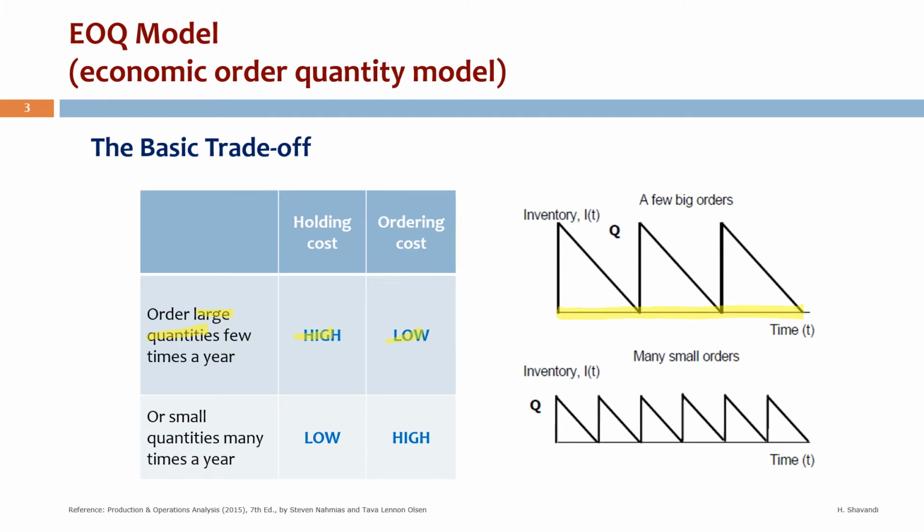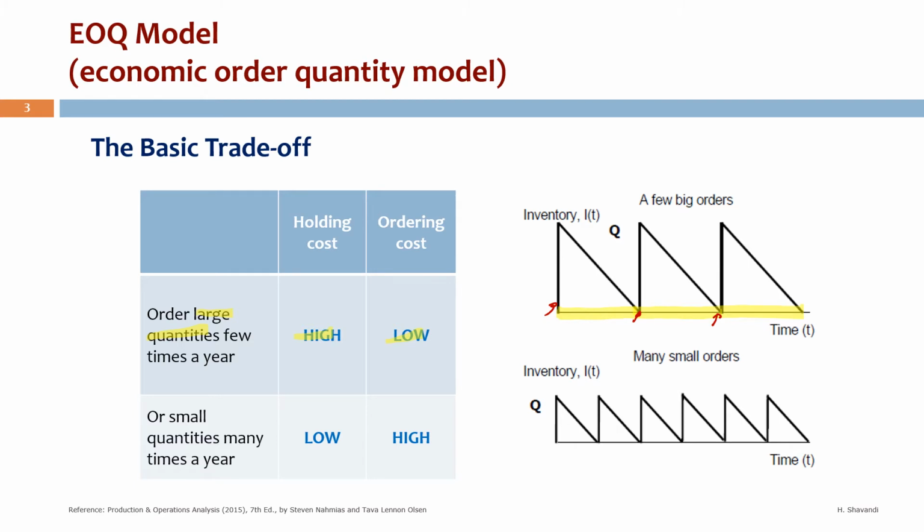If we consider larger amounts for the order quantity, then we will have less ordering over a year. Here, for example, we have 1, 2, and 3 orders.